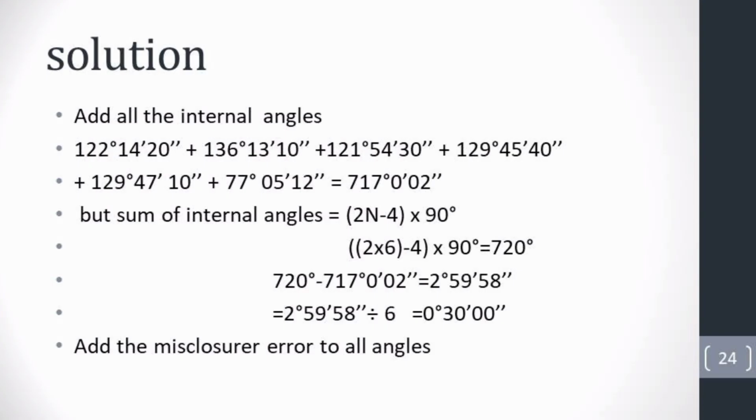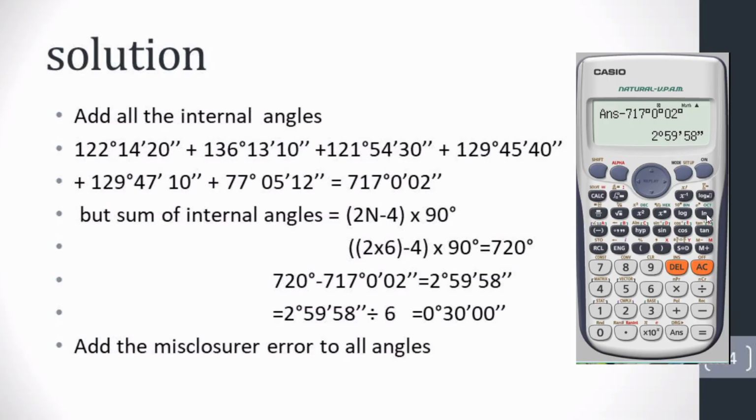If we want to correct that, we divide by the number of angles obtained there. So that's A, B, C, D, E, F. Those are 6 angles. By dividing that, we are supposed to correct each with a positive error of 0 degrees 30 minutes.